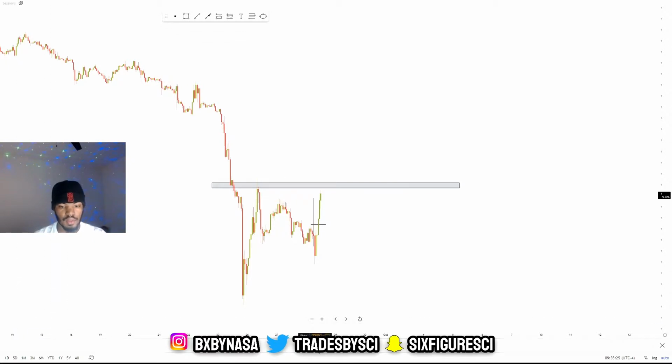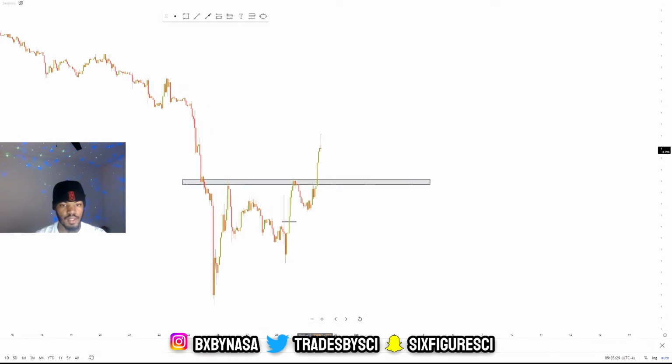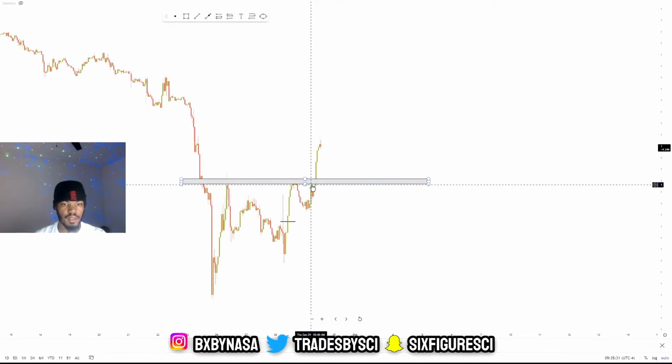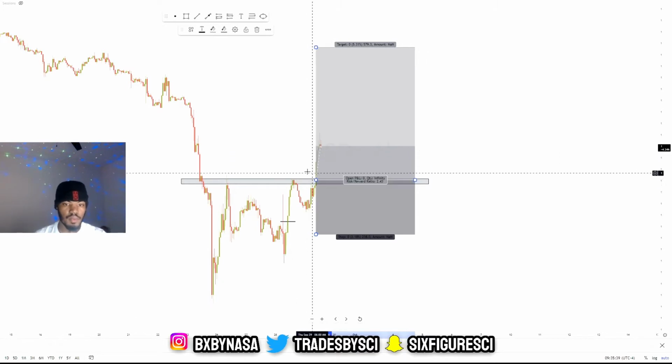So we're just gonna look at it like this. Price ends up coming up to this high, trying to break that high, then we get a break here. So now this would indicate price is bullish, and then we would be taking positions around this level. It doesn't matter where you get in as long as you're playing price above here only. It doesn't matter where you get in as long as you know that price above here is bullish.